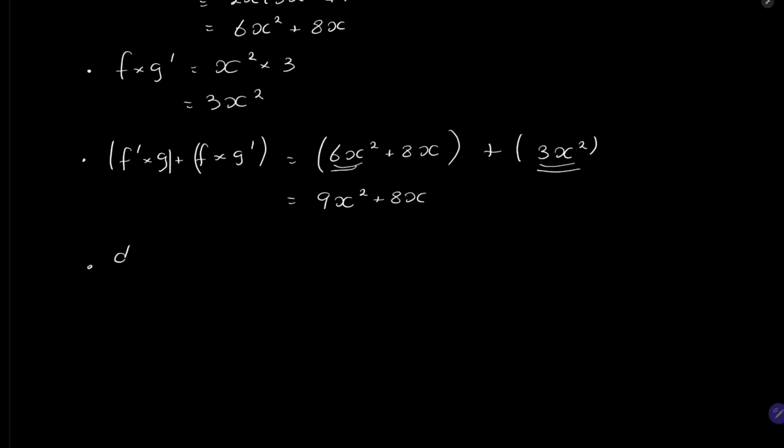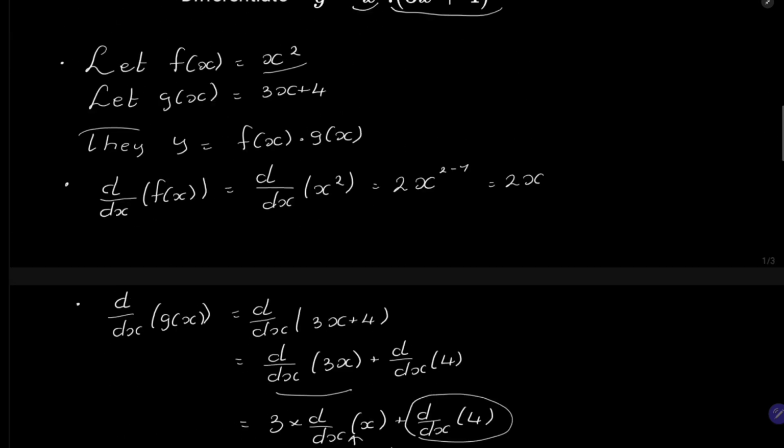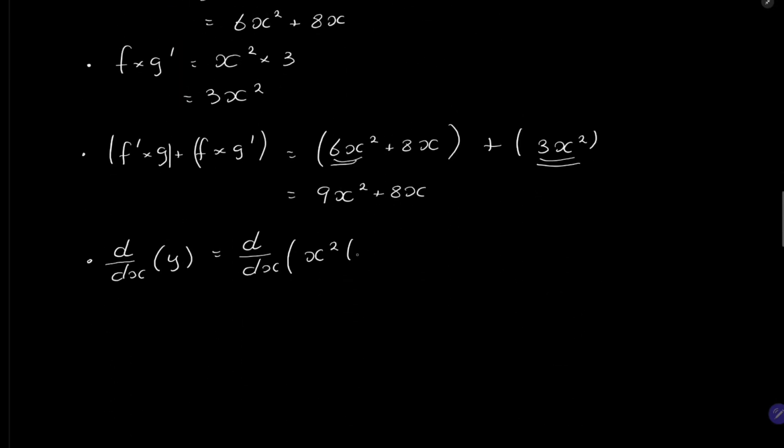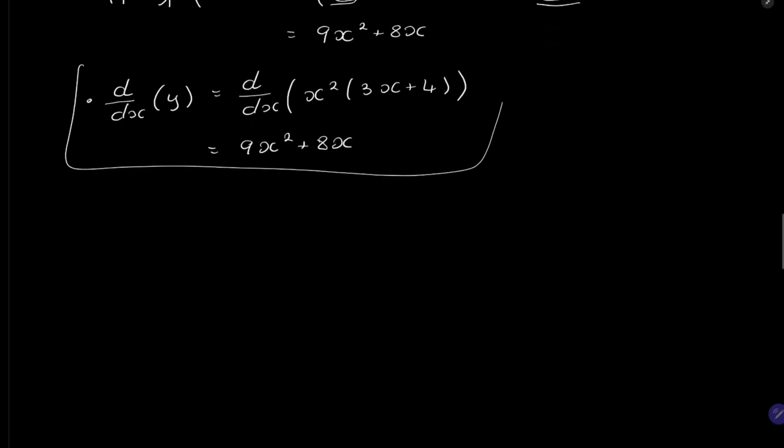Our derivative with respect to x of our function y, which was equal to the derivative with respect to x of x squared, 3x plus 4, gives us the answer 9x squared plus 8x. So that is our result.